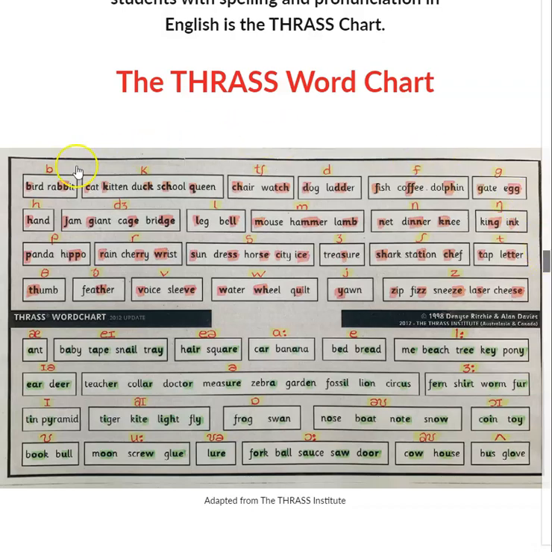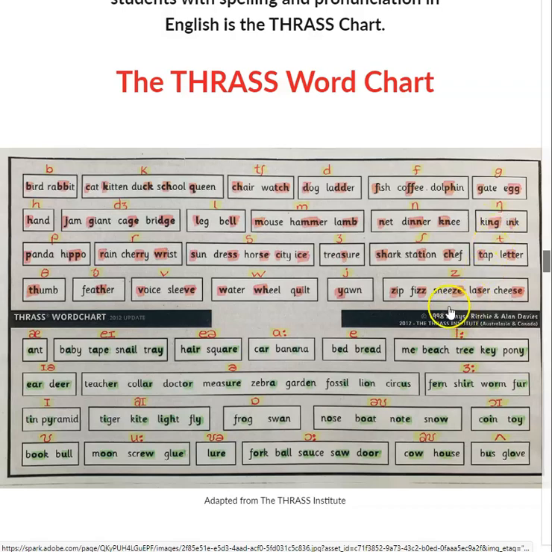So if you have a look at these red symbols across the top, these symbols are the sounds of English. They're not letters, they're the symbols of English. So this one here is B, and then the next one is K, and then Ch, D, F, G, H, J, O, M, N, and so on.